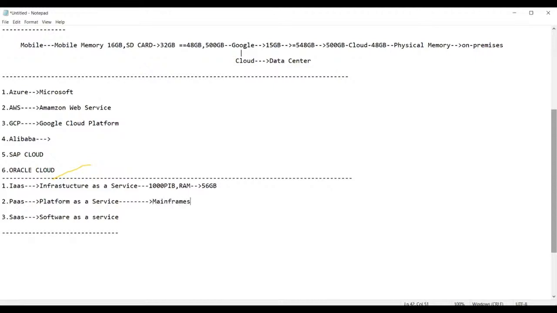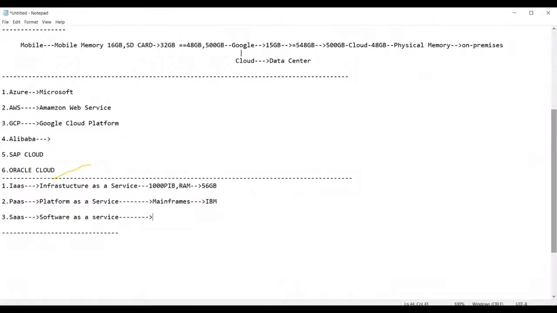Mainframes. Mainframes is an operating system from IBM. So you need not buy the license of this. You need not worry about the operating system. Simply you need to inform your cloud provider Azure that you require the mainframes operating system. He will take care.